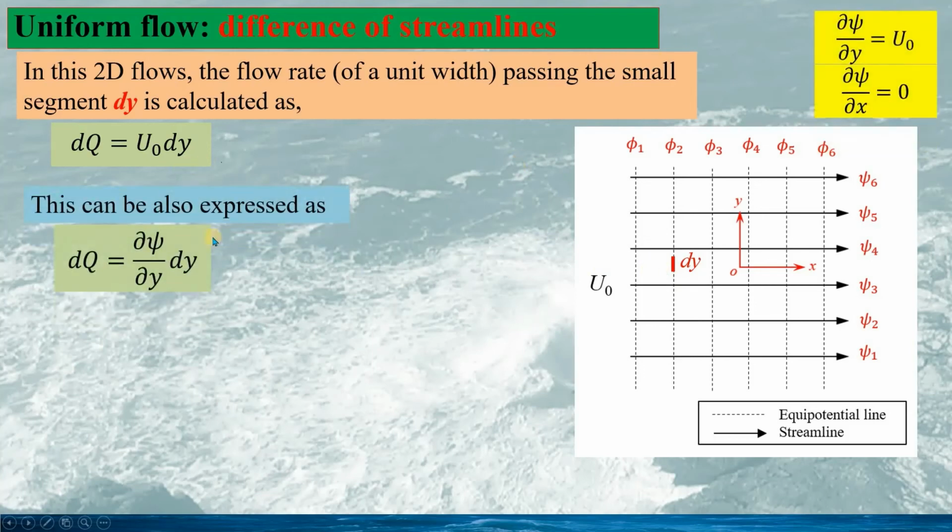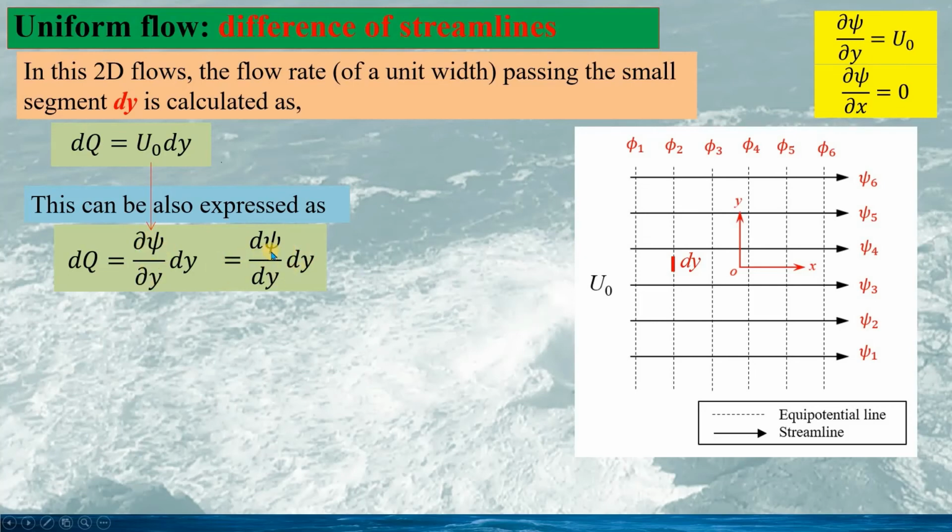And if we consider the expression for the velocity component and the stream function, we would have the expression as this. Here, u0 is replaced by the partial differentiation of psi with regard to y.